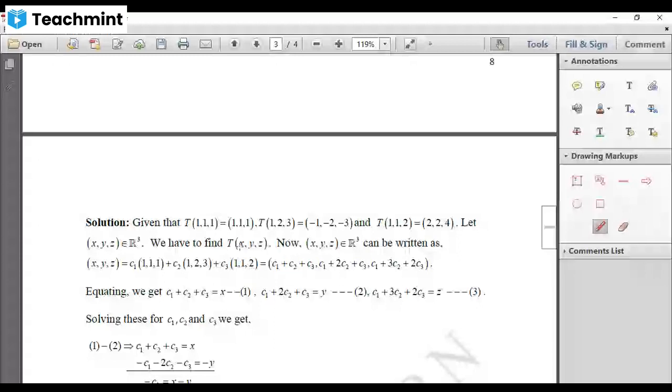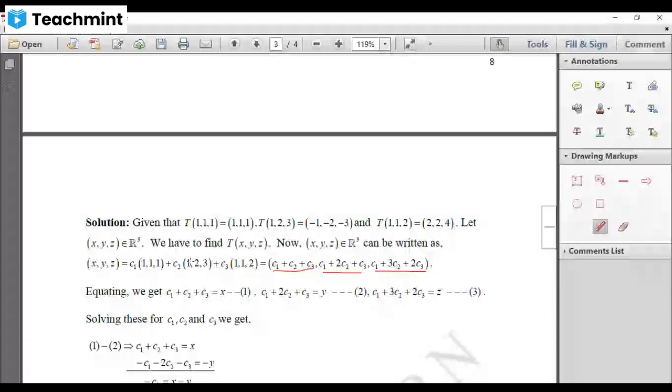Now our job is to find what C1, C2, C3 are in terms of x, y, z. For that, you multiply and add the ordered triplets. C1 into 1 plus C2 into 1 plus C3 into 1. That is your x coordinate. Then C1 into 1 plus C2 into 2 plus C3 into 1. That is your y coordinate. Next, C1 into 1 plus C2 into 3 plus C3 into 2. That gives you the z coordinate.